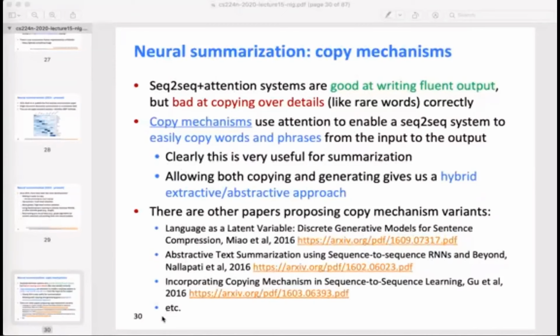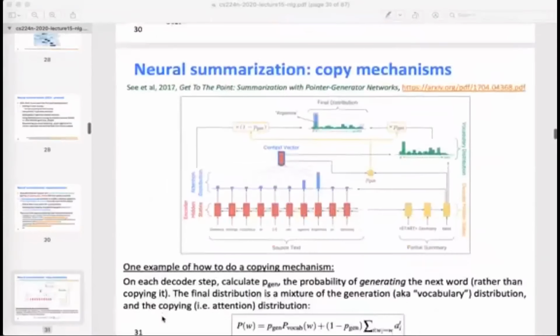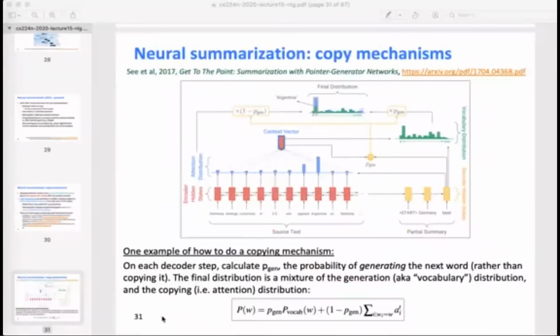There are other papers proposing copy mechanism variants, and we're going to talk about an example from the Stanford professor later. So basically, this is just one example of how to do a copying mechanism. For each decoder step, the researchers calculated p-gen, which is the probability of generating the next word rather than copying it.